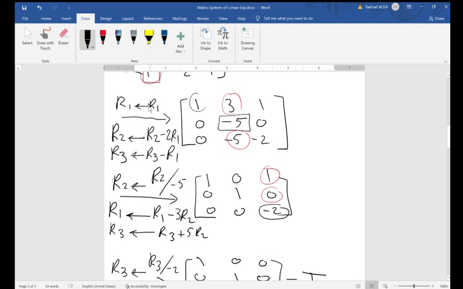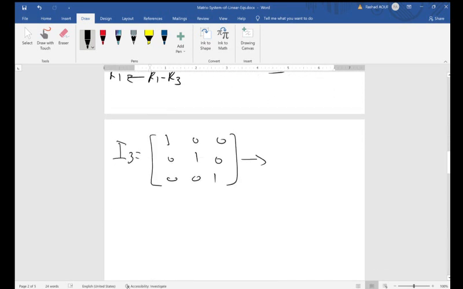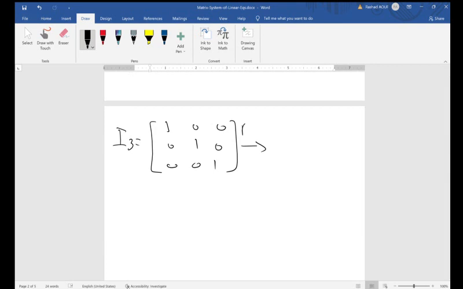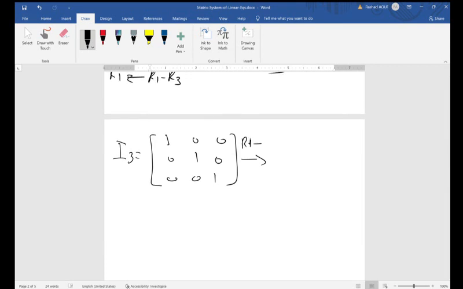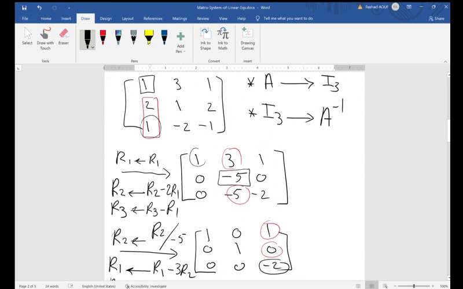Row 1 stays row 1, 1 0 0. Row 2 is equal to row 2 minus 2 row 1.